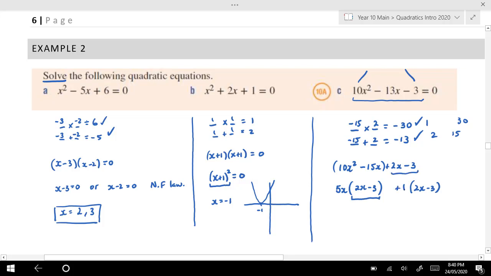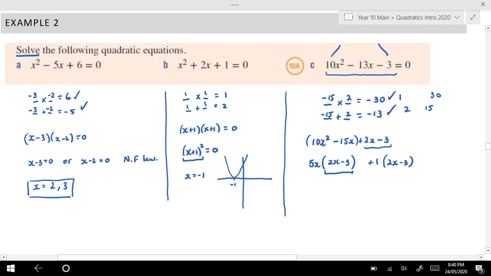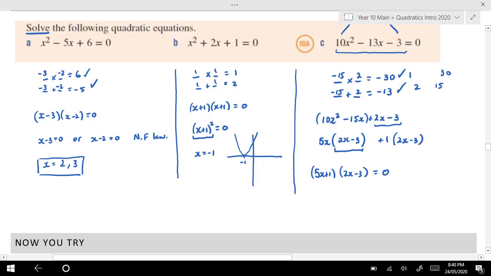So we're almost there. Let's factorize that. So we've got 5x plus 1 times 2x minus 3 is equal to 0. And now in order to solve, we can use the null factor law.